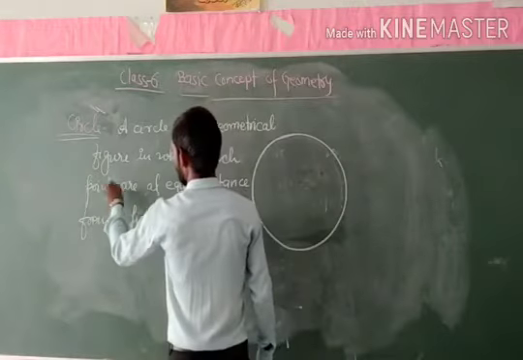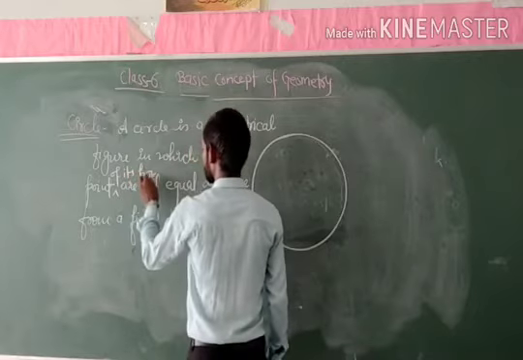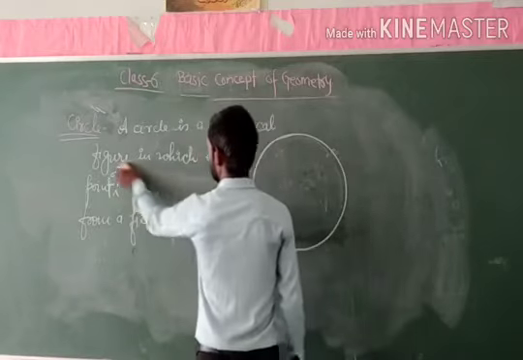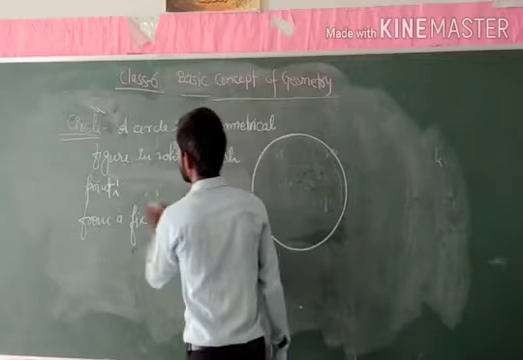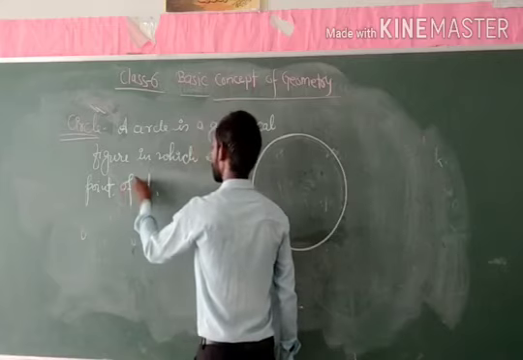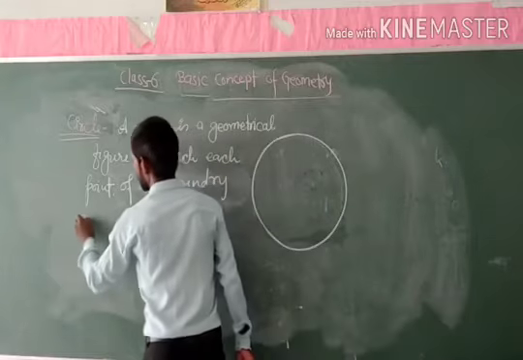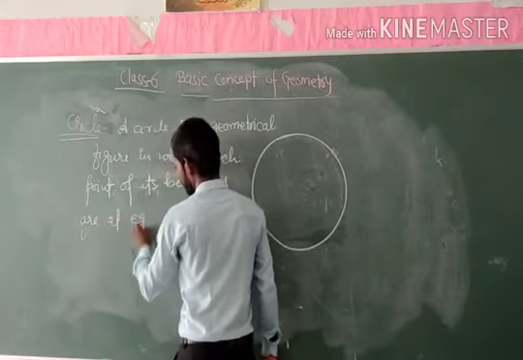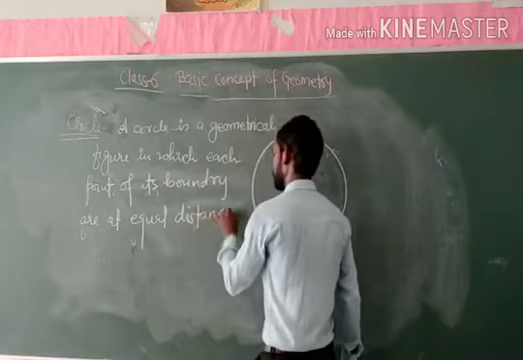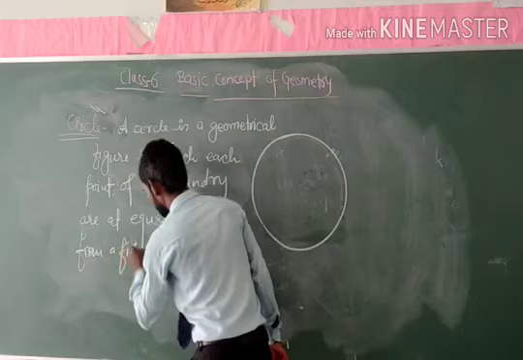Every point of its boundary. We define a circle as a geometrical figure in which every point of its boundary is at equal distance from a fixed point.